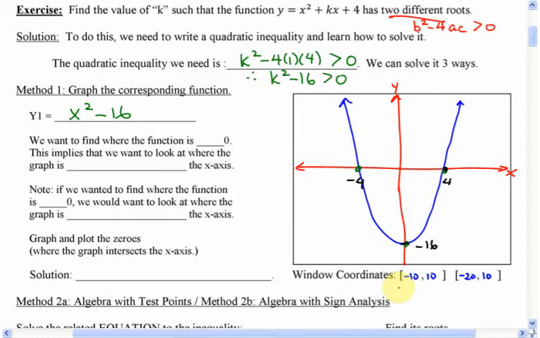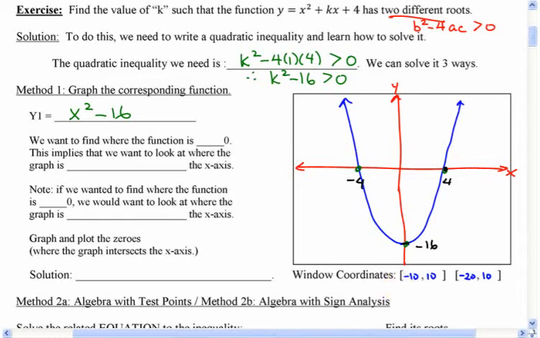And now the question is, what does this graph do, or how does this graph help us solve this inequality? Okay. So let's look at this little blurb to the left here. It says, we want to find out where the function is what? What are we looking for in this case again? Bigger than 0. Good.